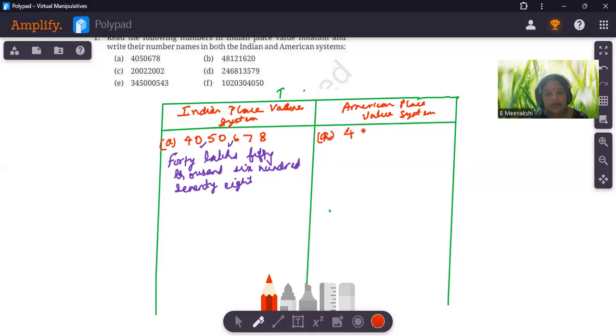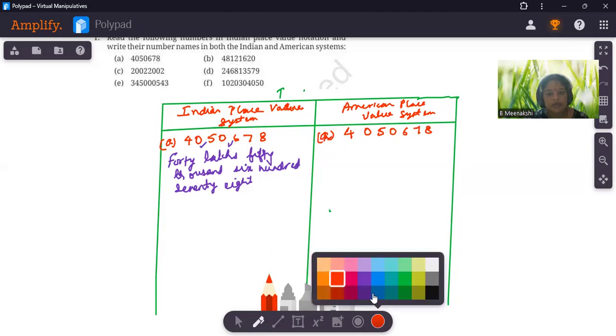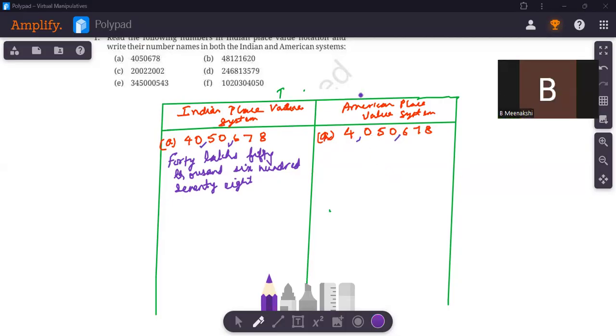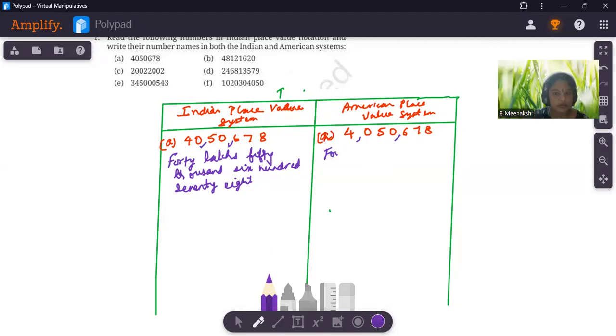We have to write it in the American system, 4050678. So put a comma in between, and this becomes 4,050,678.